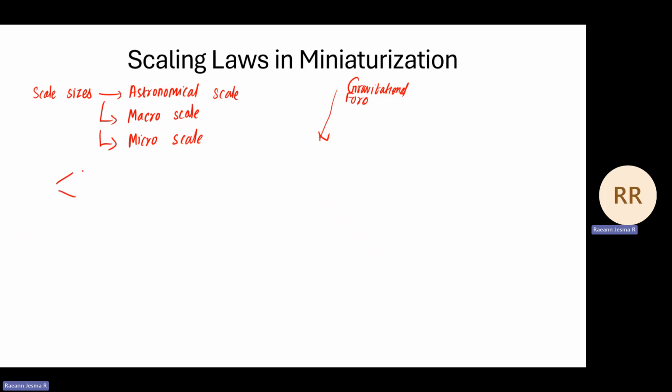One is the physical size of the object, and the second thing is it will depend on size and material properties of the object. So first we will look at the scaling in geometry.